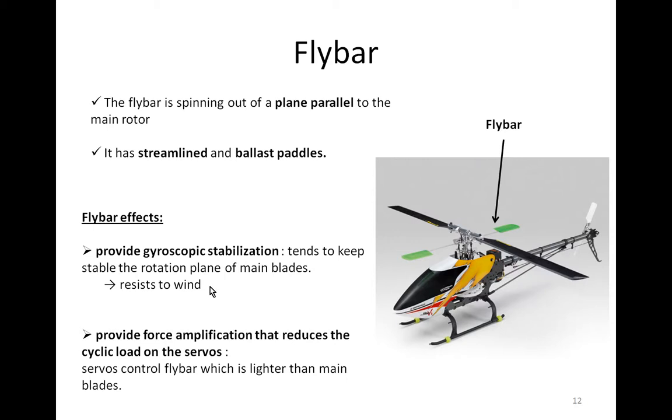In fact, servos will control the flybar, which is lighter than the main blades. Just notice, before we see the next slide, that the flybar has an angle of 90 degrees with the main blade. This is to manage the gyroscopic precession, and we will explain this soon.